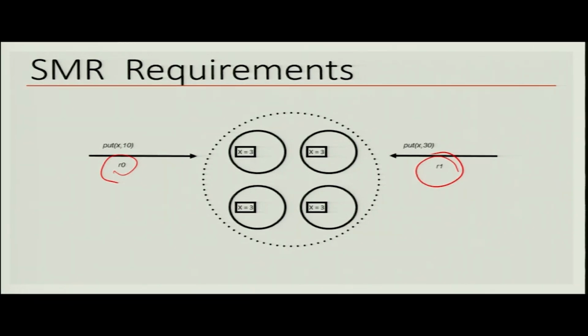If this guy decides that I will do R1 first and this guy decides I will do R0 first, and then this guy does R1 and this guy does R0 later, then this guy will end up with 30 and this guy will end up with 10, which is no good, because all the replicas should have an agreement on what their state is all the time. So, therefore, we have to make sure that the transactions are ordered correctly.